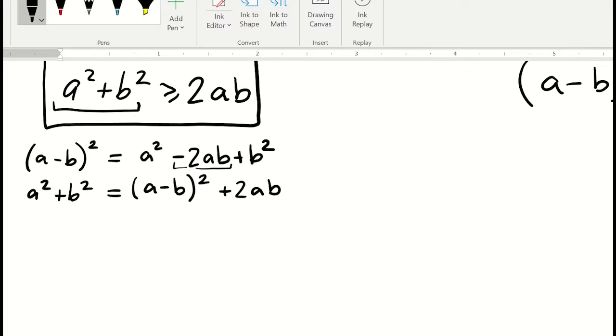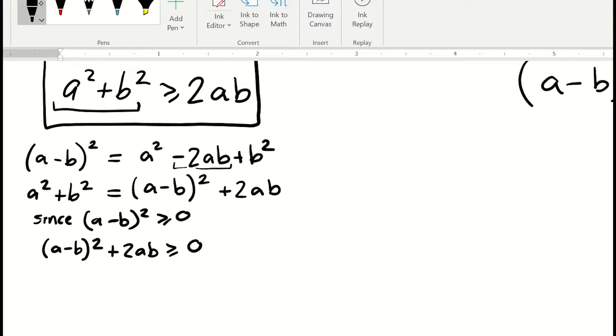Okay, now, I would write this: we know that (a minus b) all squared is bigger than or equal to 0. Then we can say, well, then isn't (a minus b) all squared plus 2ab bigger than or equal to 0 plus 2ab? And all I've done here is taken this inequality and plus 2ab on both sides, which you can do according to our inequality proofs.